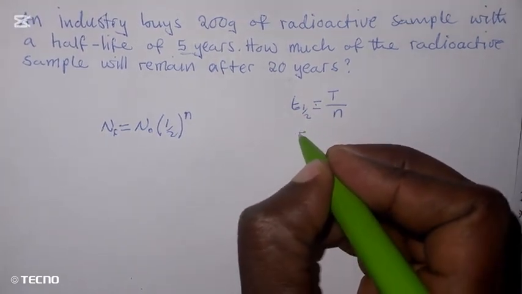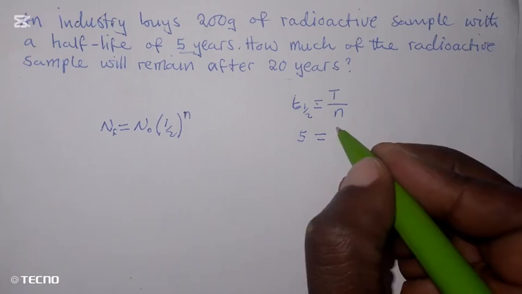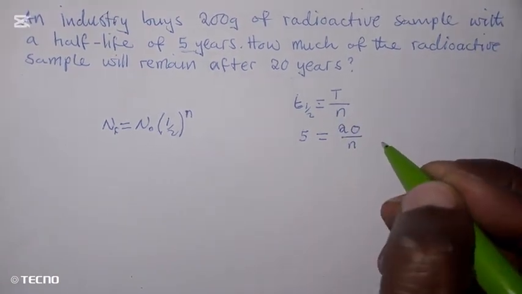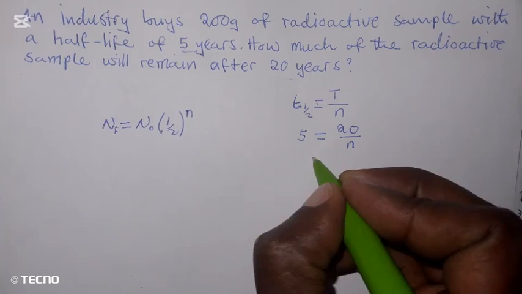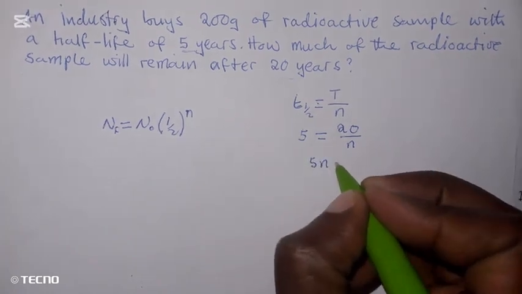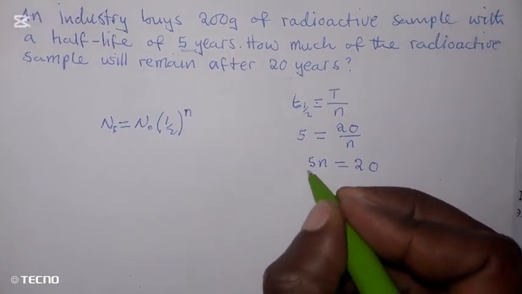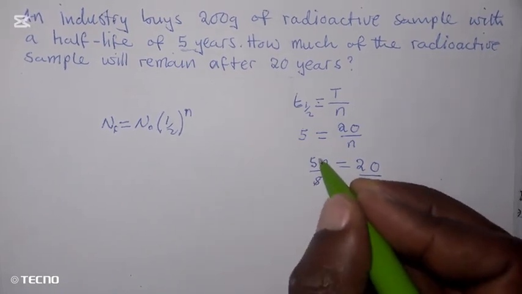So here we say 5 is equal to the total time, 20, over n. So when you have something like this, we are going to have 5n is equal to 20, then divide both sides by 5. Those will go.